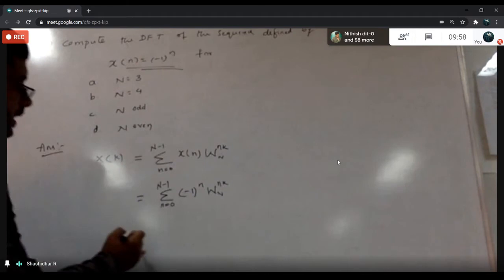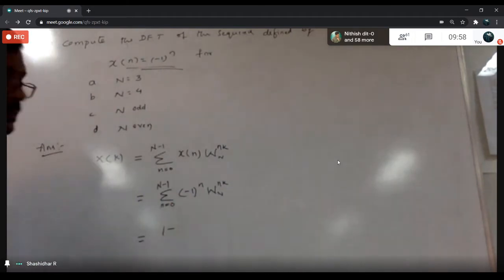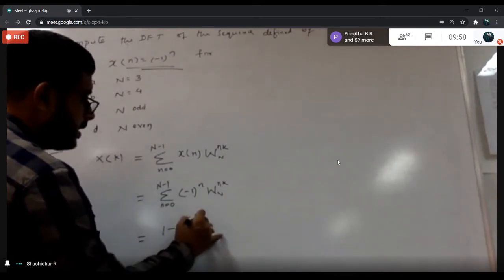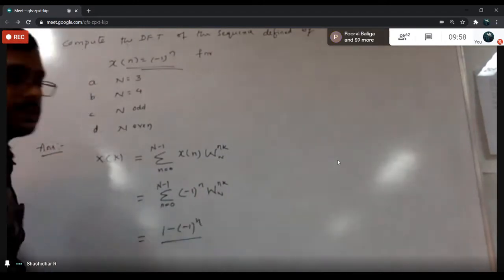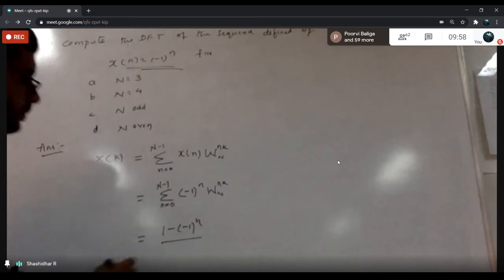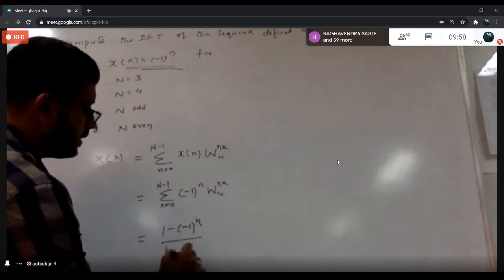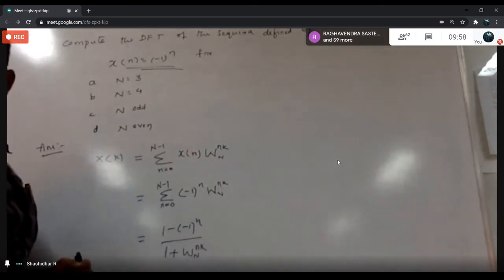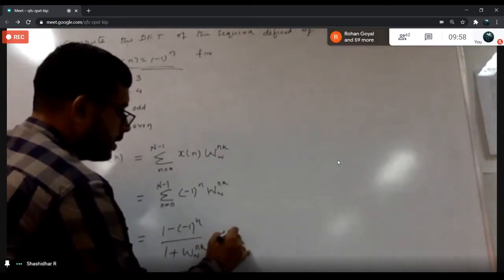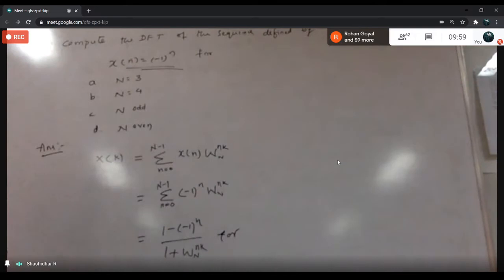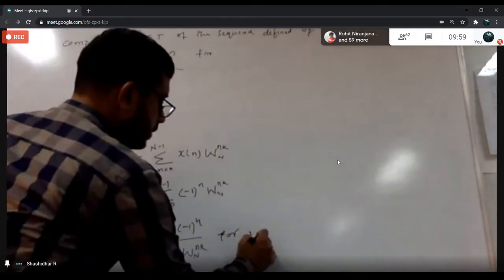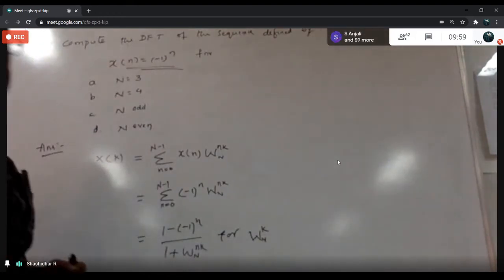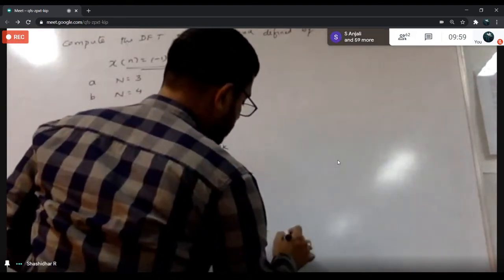So next, finally, what is the value? 1 minus minus 1 to the power of n divided by 1 plus w n and k, for w to the power of k not equal to minus 1.